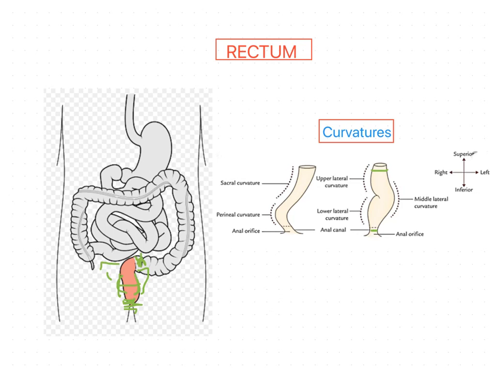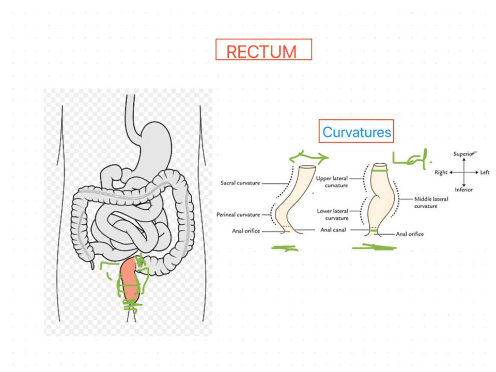If you see the curvatures of the rectum, it presents curvatures in the antero-posterior direction, and also some lateral curvatures. In this picture we can see the lateral curvatures. In the side view, the rectum appears like this.